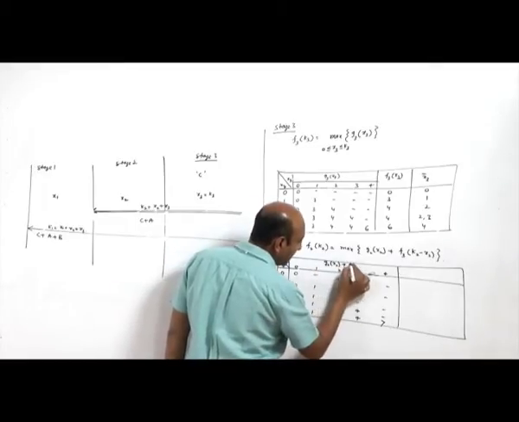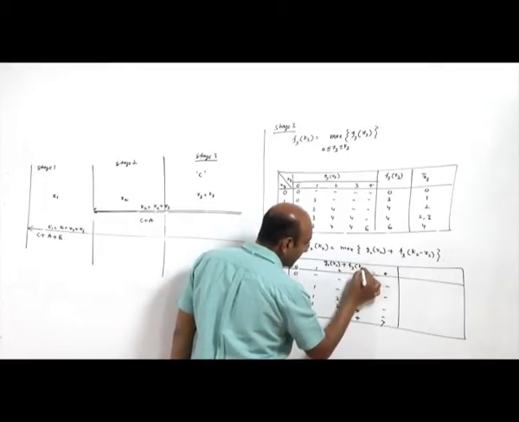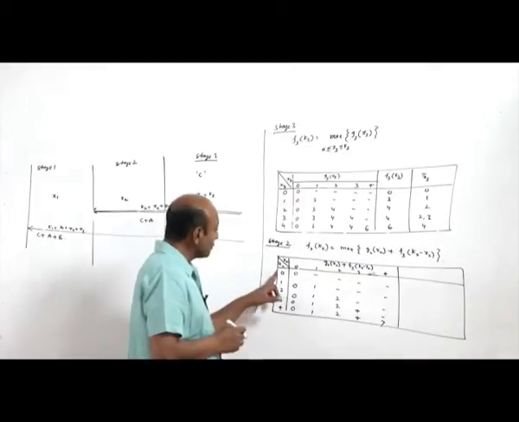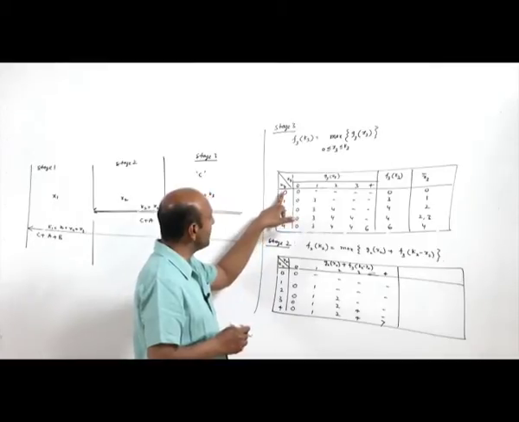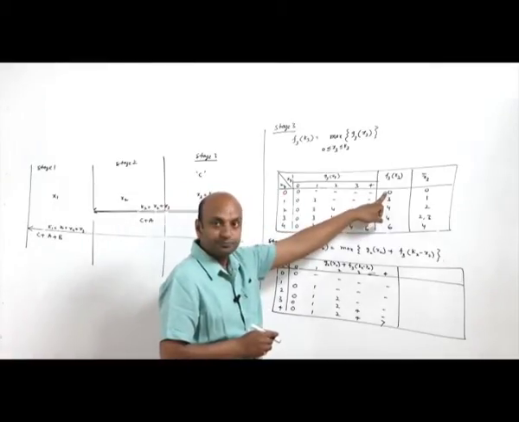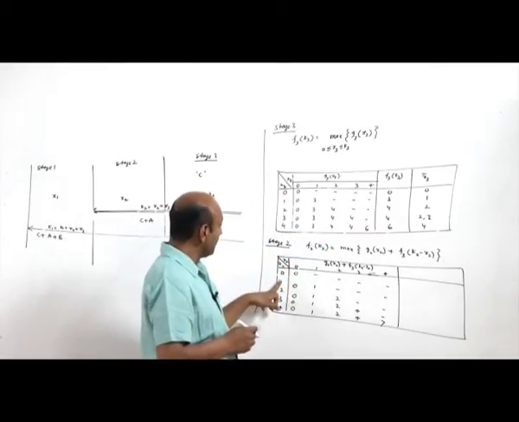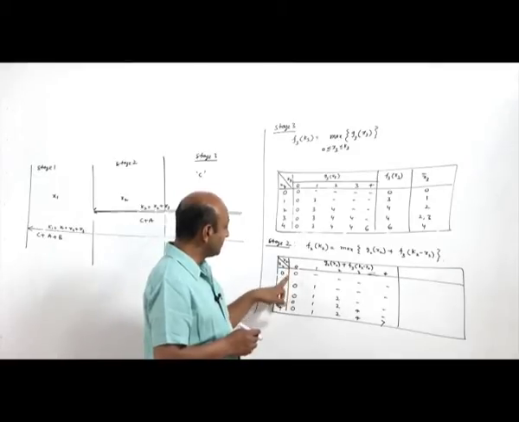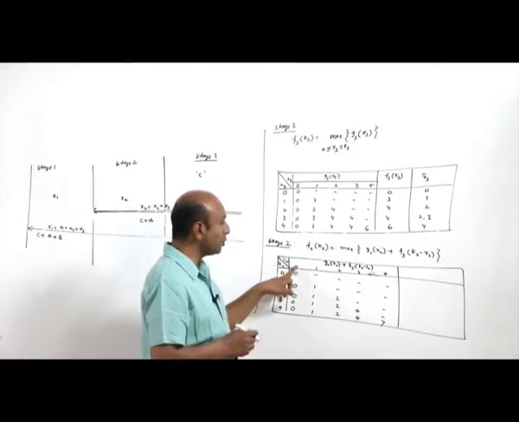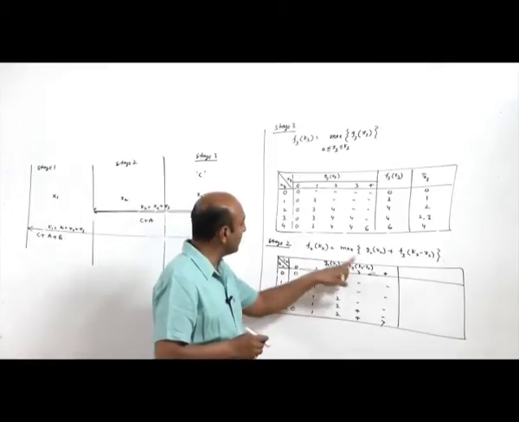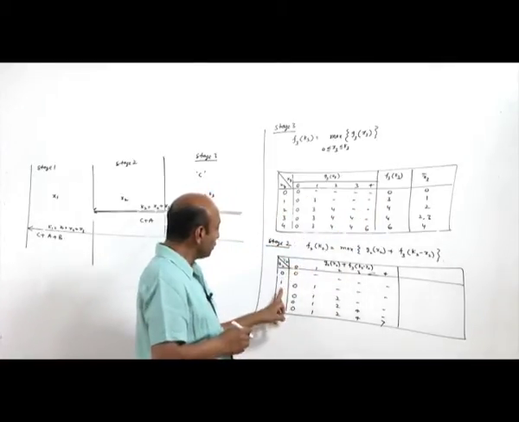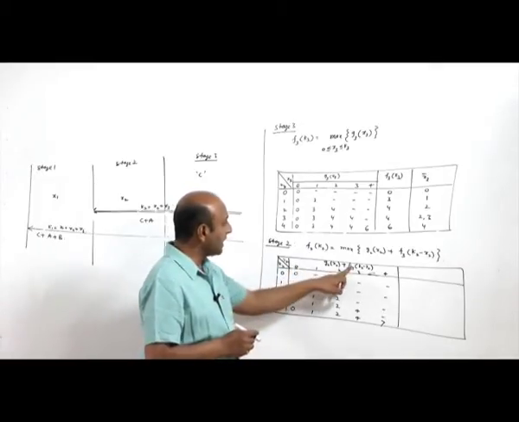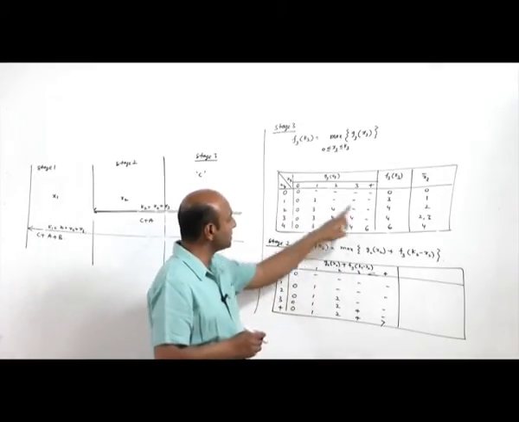Now we have to add F3 of K2 minus X2 also. So 0 minus 0 is 0 and F3 at 0 is 0. Then 1 minus 0 is 1, K2 minus X2, and F3 at 1 is 3. Then 2 minus 0 is 2 and F3 at 2 is 4.